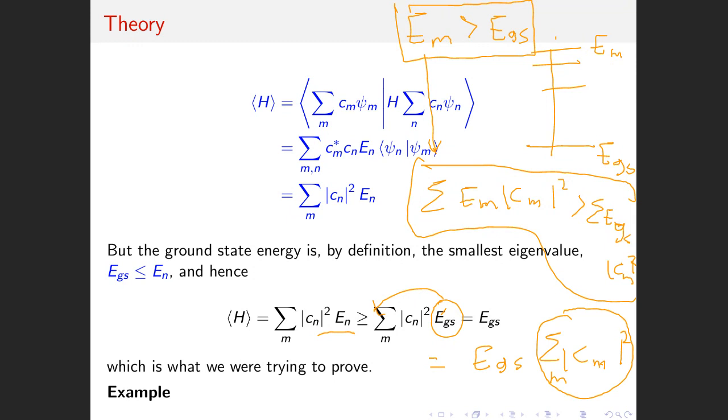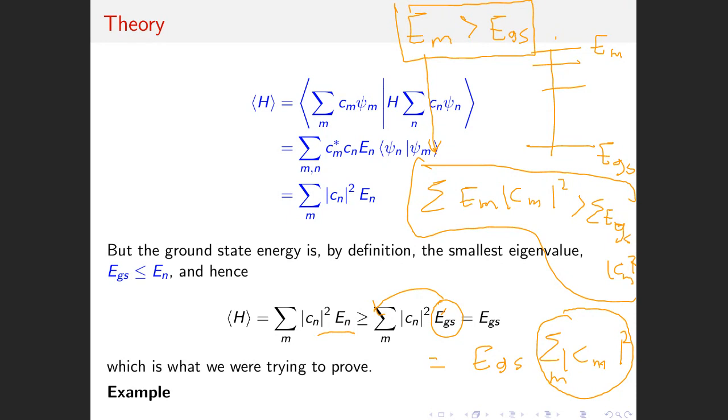Remember that this proof, that the trial wave function will give you an expectation that is bigger than everything, consists of two steps. In the first step, we showed that the sum of the normalization coefficients was equal to 1.